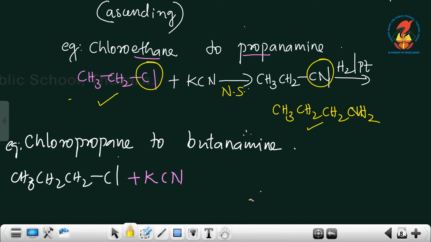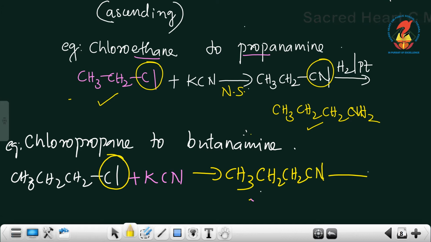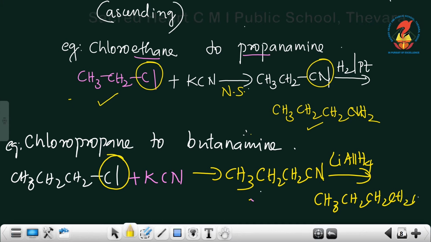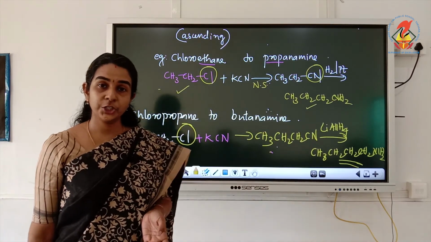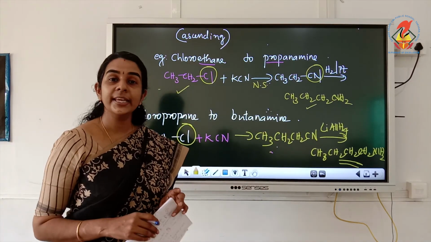What happens here is Cl will be replaced by CN, cyano group. All these we are studying from first chapter onwards. So it will become CH3CH2CH2CN, which on reduction using lithium aluminum hydride we get CH3CH2CH2CH2NH2. So this is about the ascending series conversion of a halogen to primary amine.